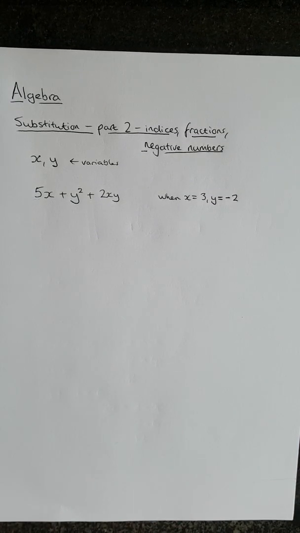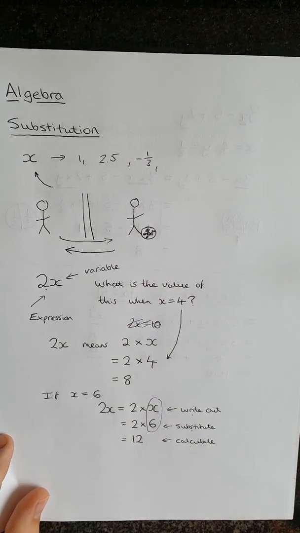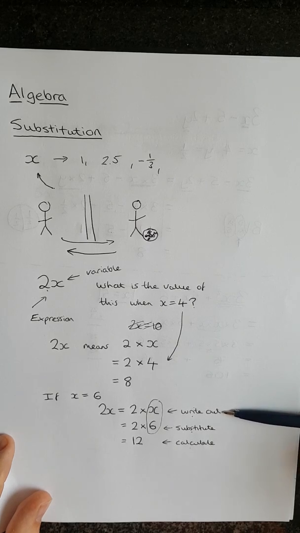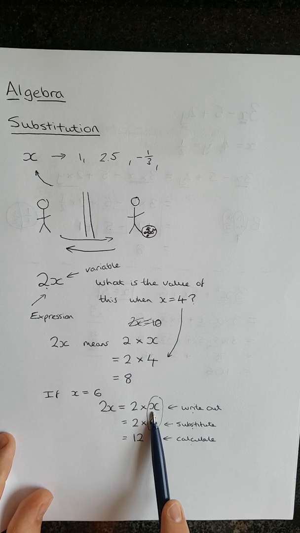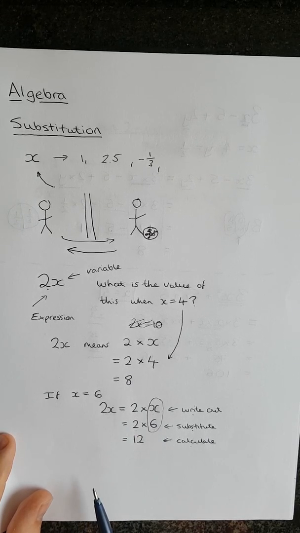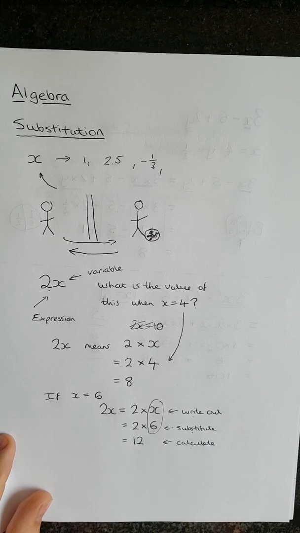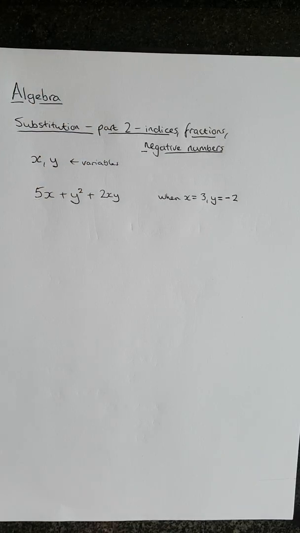Now, in part 1 we introduced 3 steps to this process. Step 1 was to write out the expression. Step 2 was to substitute into the expression. And step 3 was to calculate. We're going to do the same here.